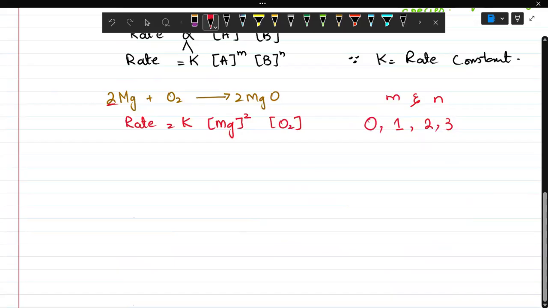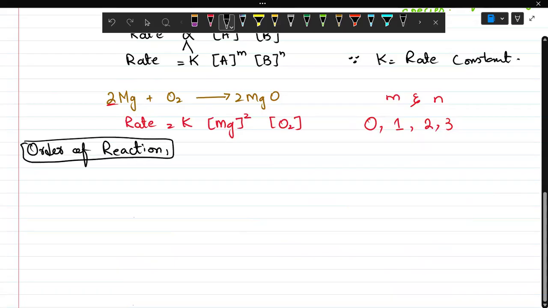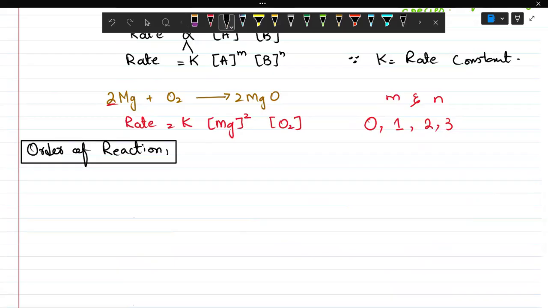Okay, so why are these numbers important for us? Because we need to calculate the order of reaction from them. Now you got the idea of how to write the rate expression. You got this? Yes sir. Now, what is the order of reaction?